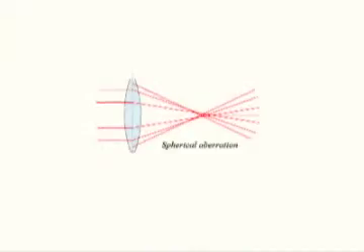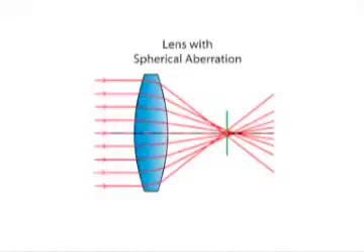It is an optical problem that happens when all the incoming rays end up focusing at different spots across the lens axis after passing through the spherical surface. In other words, the parallel rays of incoming light do not converge at the same point.